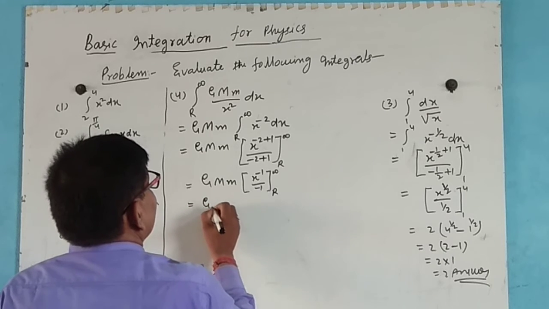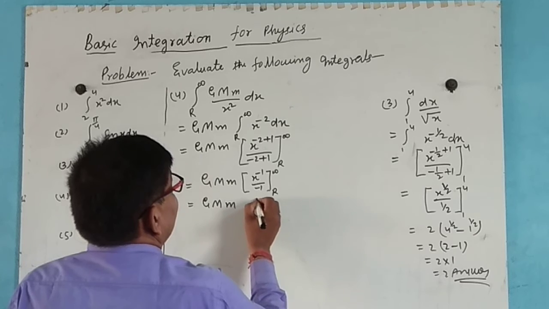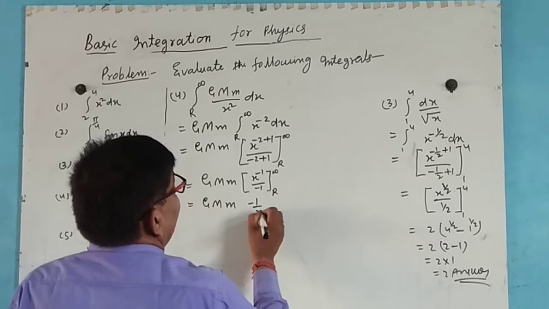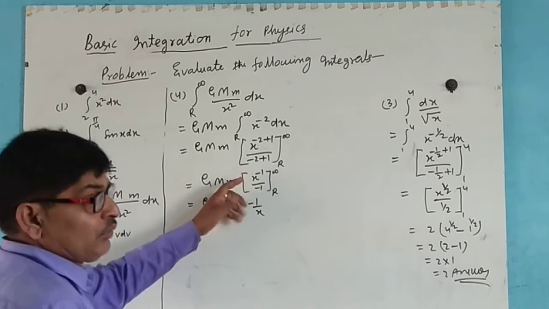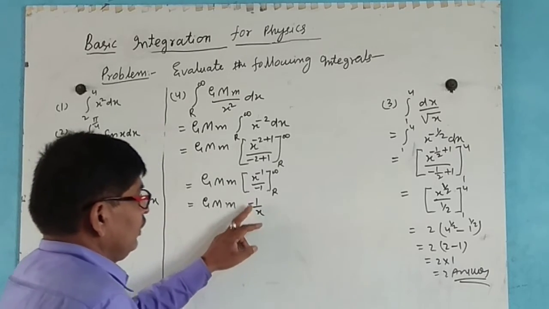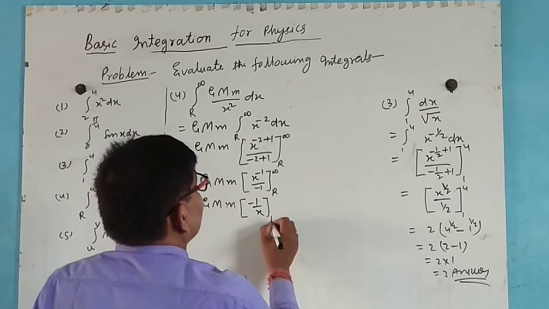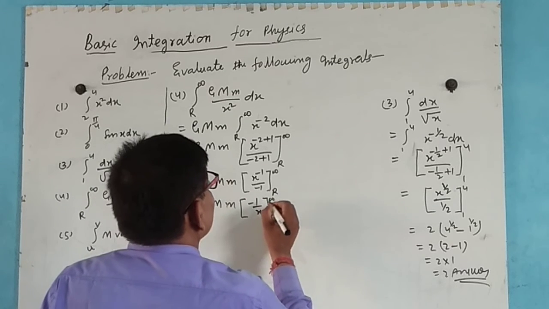This can be written as G M times minus 1 by x, with the limit r to infinity.